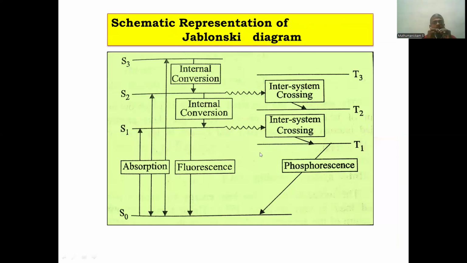This is the schematic representation of the Jablonski diagram. When you see the Jablonski diagram, you can find the labels S0, S1, S2, S3, T1, T2, and T3, where S0 stands for the singlet ground state, S1 stands for the singlet excited state, S2 the singlet excited state in the second energy level, and S3 again a singlet excited state in the third energy level.